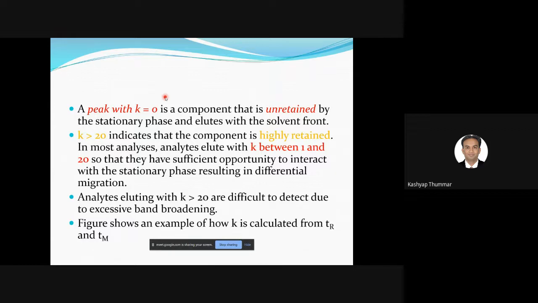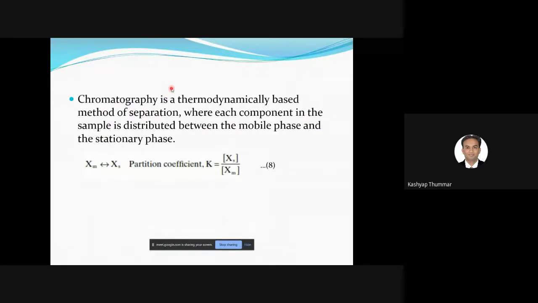So K is also optimized, through your solvent, your column, and the mobile phase composition. You can get the appropriate retention factor with the appropriate method conditions.